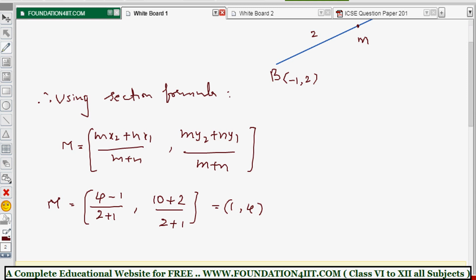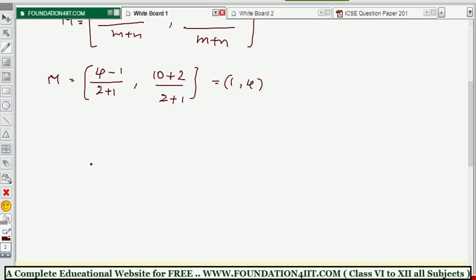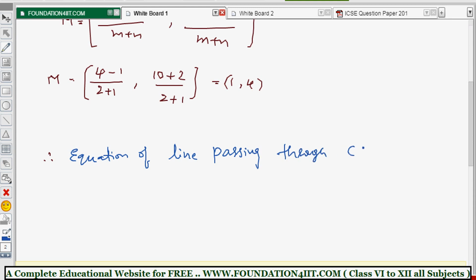And we need to find the equation of the line passing through C and M. Therefore, the equation of the line passing through C (5, 8) and M, we got (1, 4).